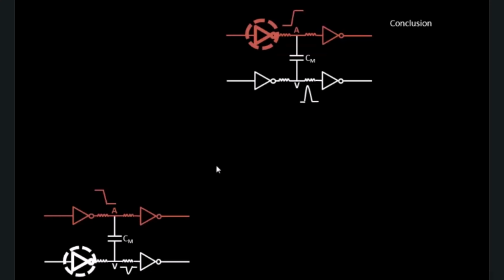Now how is that? If I remove these transitions and these glitches from this diagram, and just analyze this circuit independently, irrespective of the aggressor and victim terminologies. We had called this the victim and this the aggressor. Now let's remove those terminologies and analyze only this part.